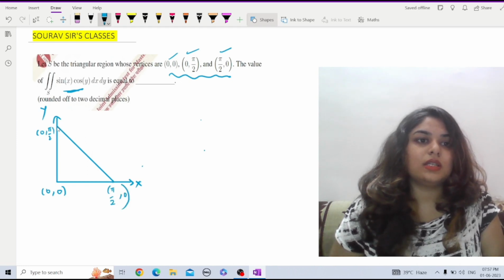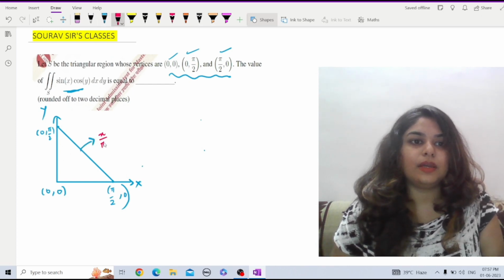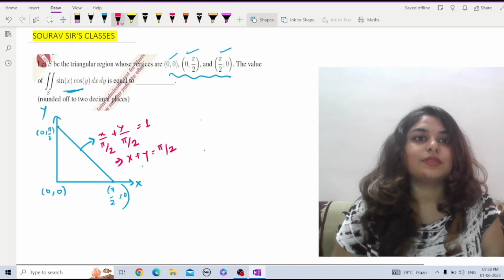So obviously the equation of this line will be x by pi/2 plus y by pi/2 equals 1. So we can say that x plus y equals pi/2. This is our equation.